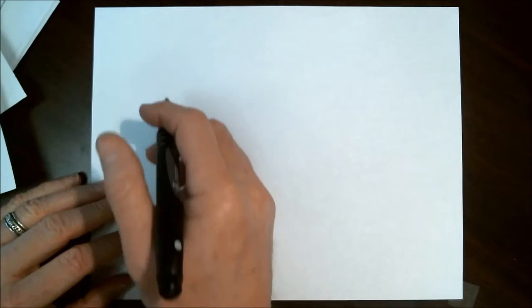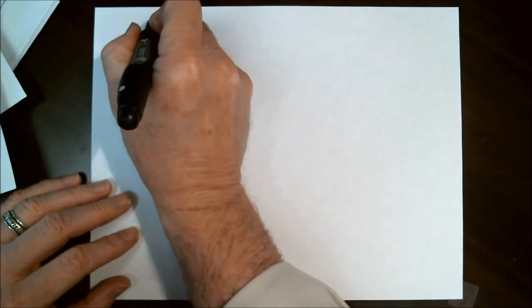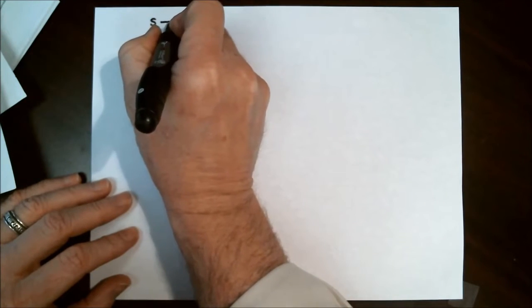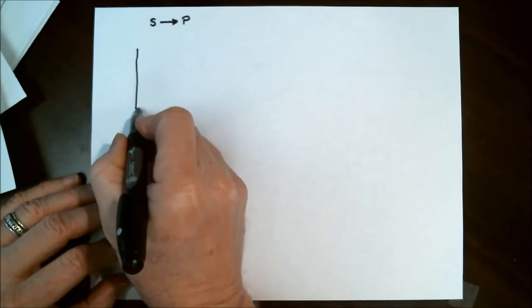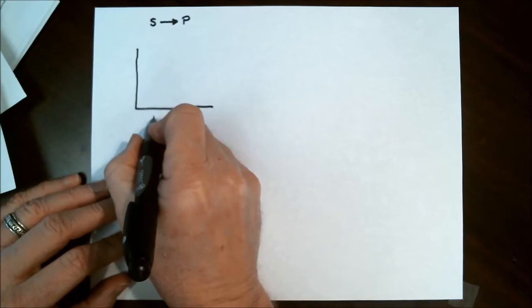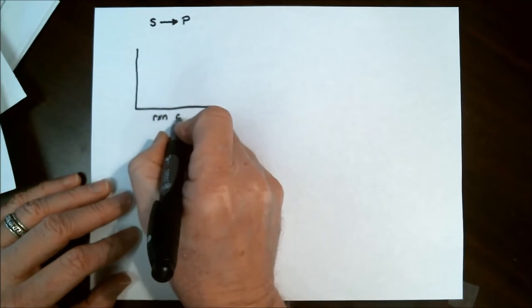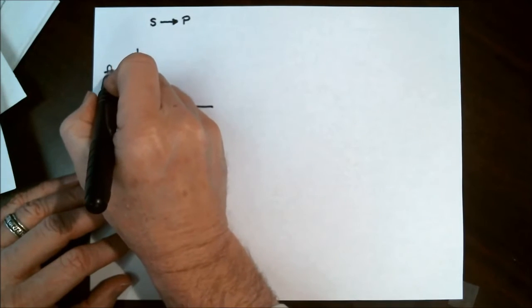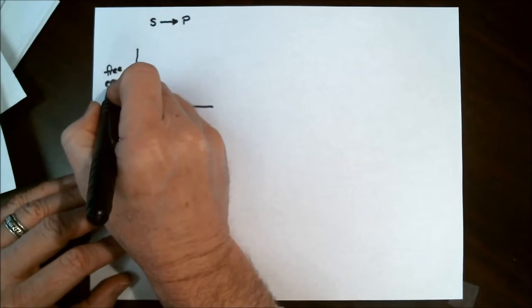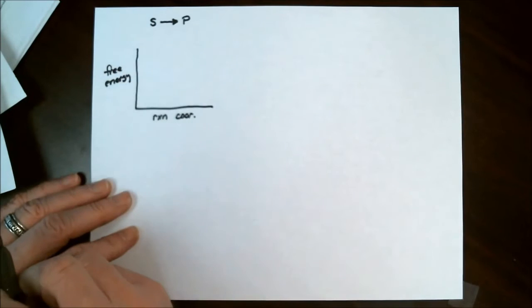Okay, so far we have talked about the kinetics of chemical reactions when we are converting substrates into products. Recall that we looked at our graph where we were looking at reaction coordinates versus free energy levels.